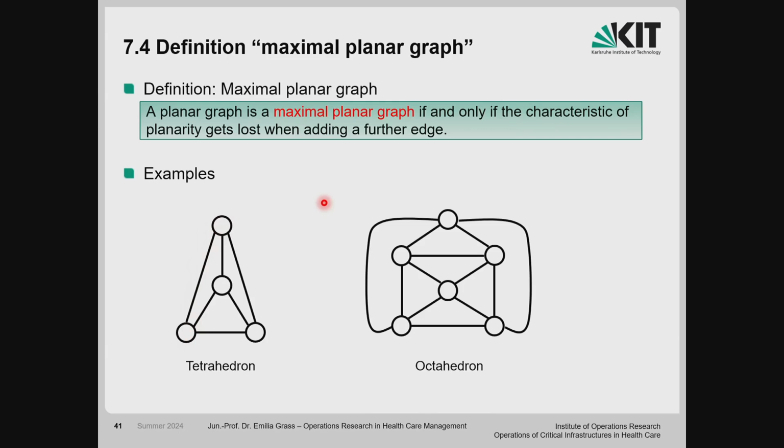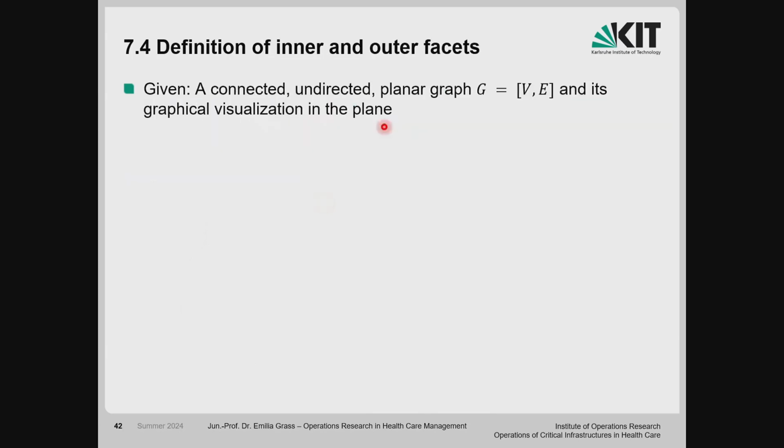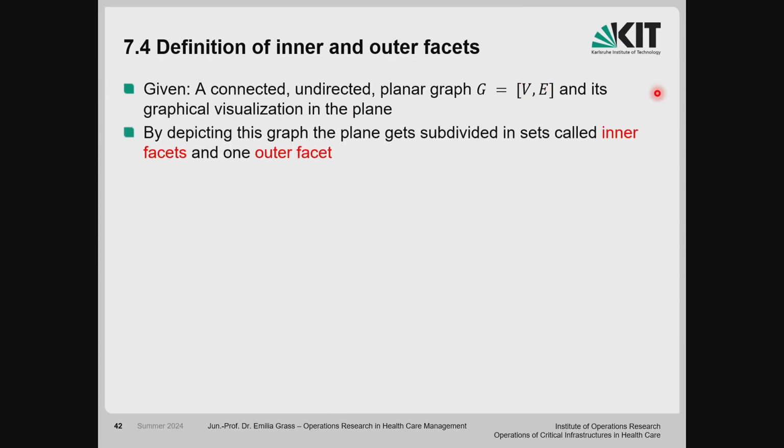The graph consists of nodes, V, and edges, E, and a graphical representation in a plane. By representing this graph, the plane gets subdivided into an inner facet and an outer facet.